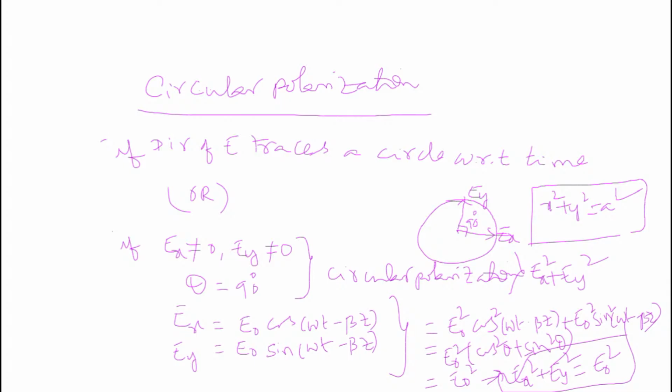So this type of polarization is known as circular polarization. Again, in circular polarization, we have right hand circular polarization and left hand circular polarization. So let us see these. This is one circle and this is another circle. Here x and y are equal, this one is Ex and this one is Ey.